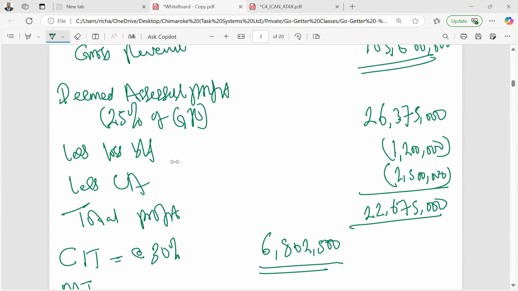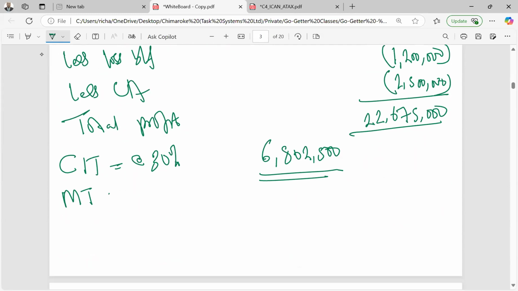But we're only bringing 2.5 million, so we are within our rights to use it. Whenever you are doing your capital allowance, always check the restricted amount, whether it is large enough to accommodate that.